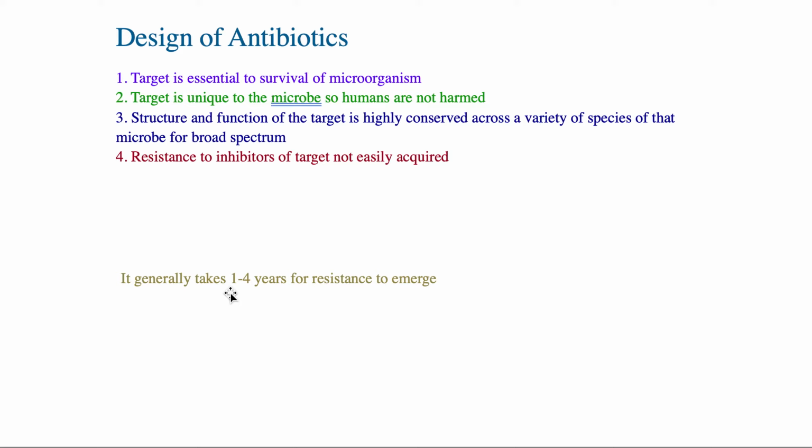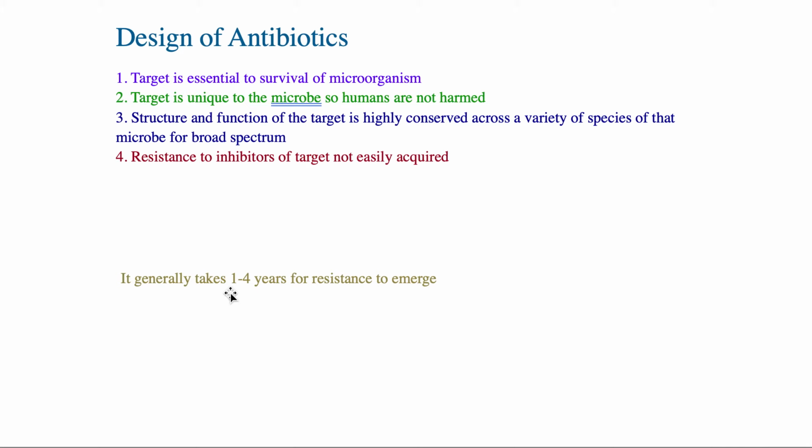It's just a matter of time. And so what we're doing when we create these drugs is we're just buying ourselves time in the fight against this bacteria, and eventually the bacteria will evolve a resistance to whatever drug we're using.